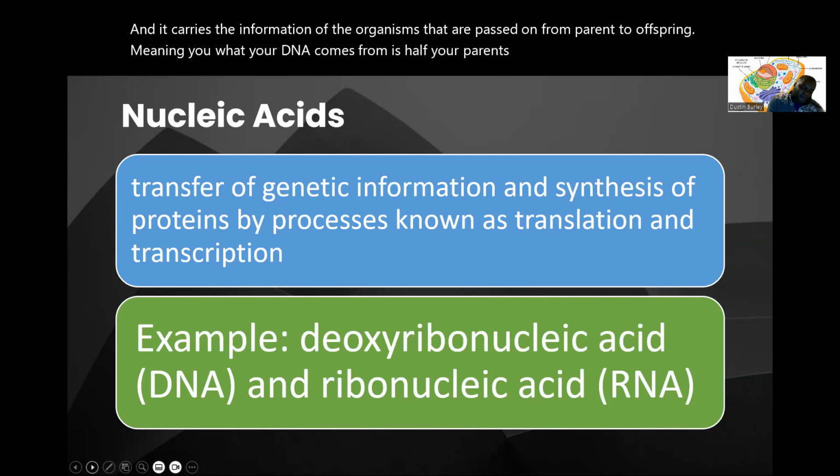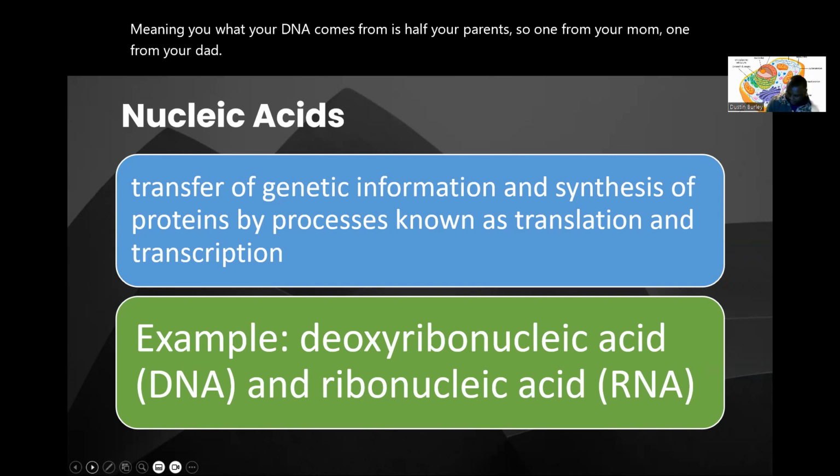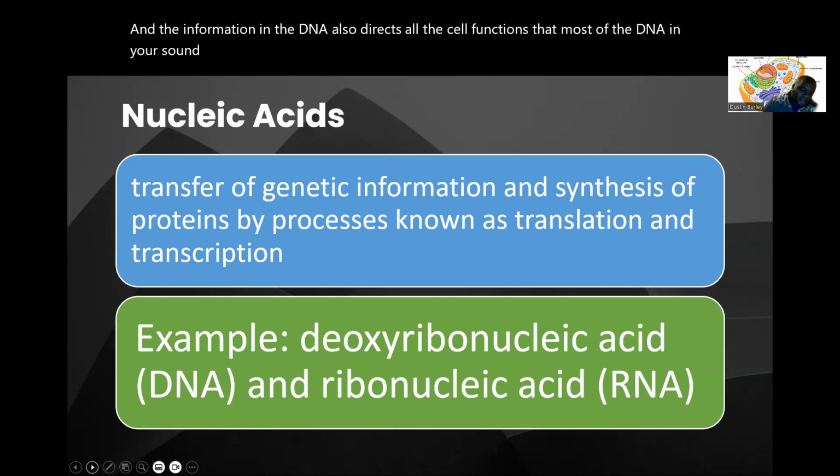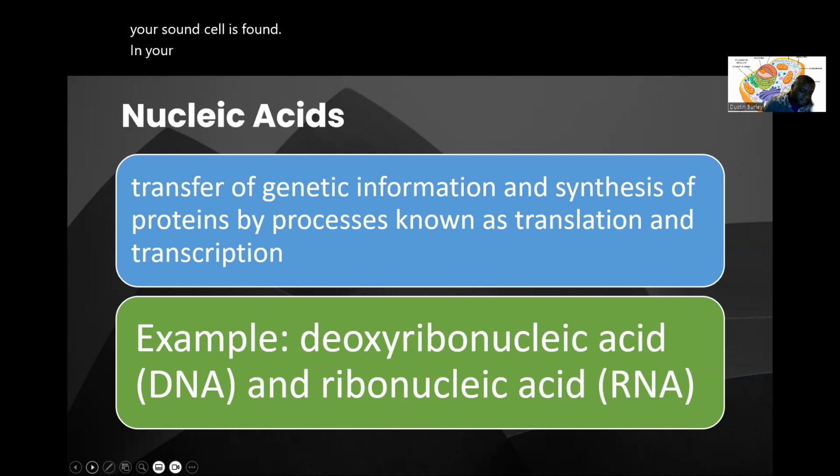So one from your mom, one from your dad. The information in the DNA also directs all the cell functions, and most of the DNA in your cell is found in the chromatin in the nucleus.